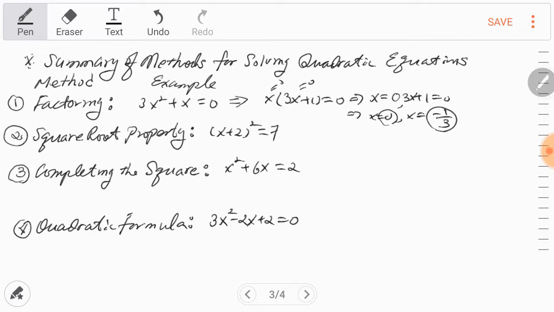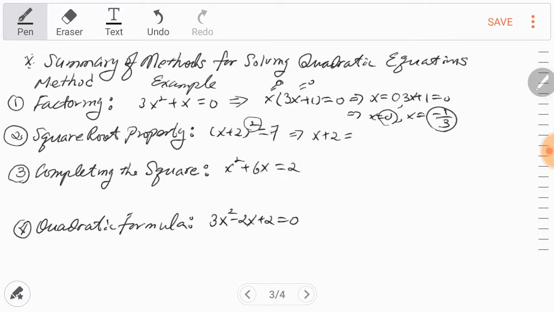Okay, this is using factoring, and the second method is the square root property. This is similar to the difference of squares. If the left side of the equation is a square, then you can remove this exponent, and then we have only the base left. So the base x plus 2 is equal to what?